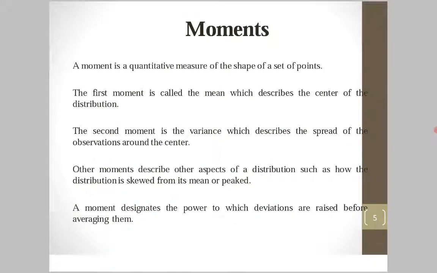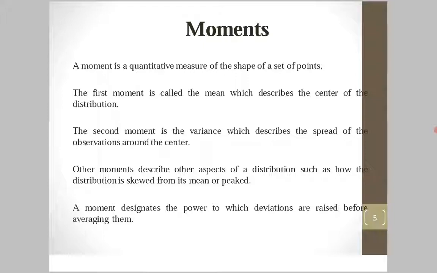So what are moments? A moment is a quantitative measure of the shape of a set of points. The first moment is called the mean, which describes the center of the distribution.